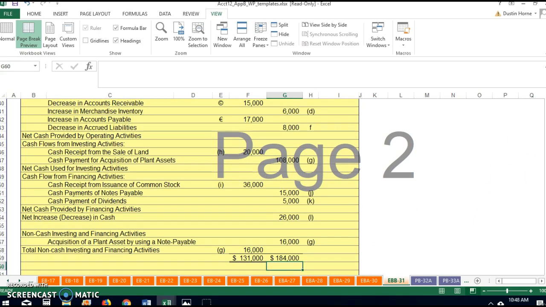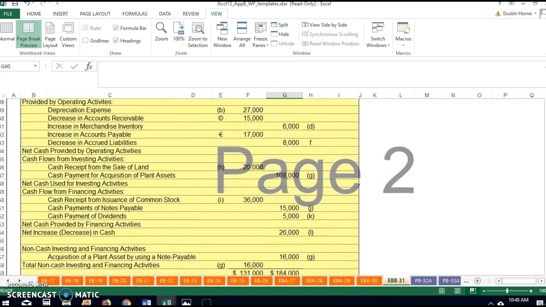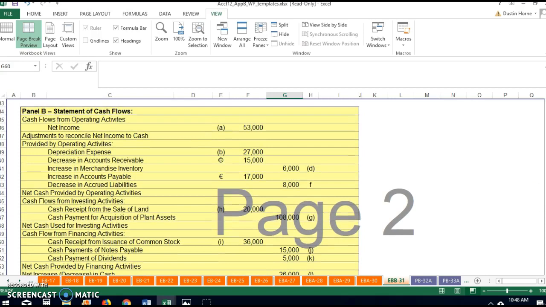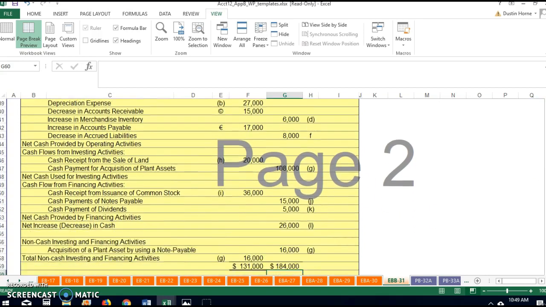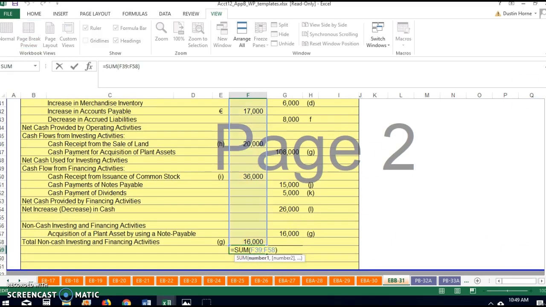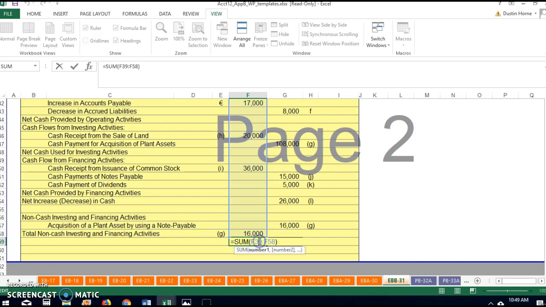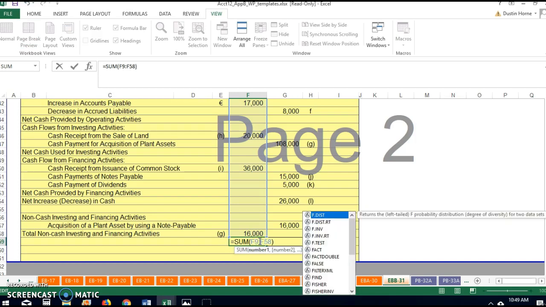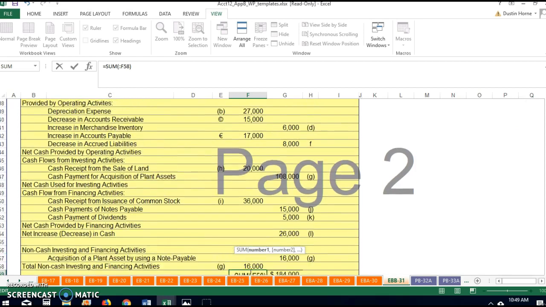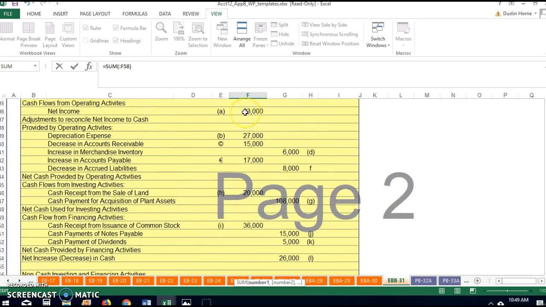Okay, so equal sum, and I think I did not highlight 53,000 when I did this because I didn't go all the way up with my number. So let me make that a little bit. Let me do this over. I want L86.